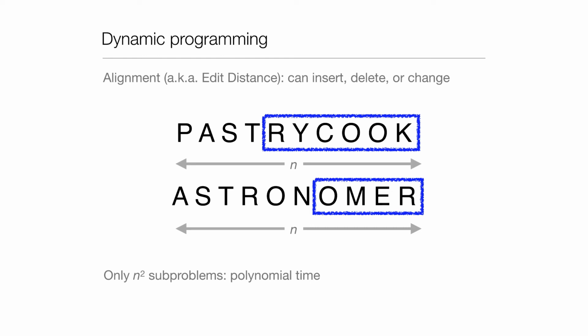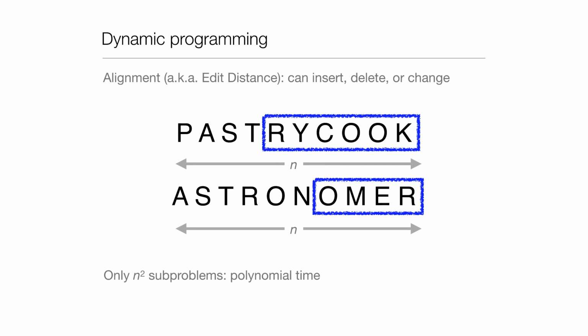And if each of these strings are only n symbols long, then even if you looked at all possible pairs of strings that we could ever care about, all possible sub-problems, there's only n times n, or n squared. And that's why you can do this in polynomial time, because there are only polynomially many sub-problems that we'll ever need to figure out, and because it takes very little work to combine them into results for the overall thing.